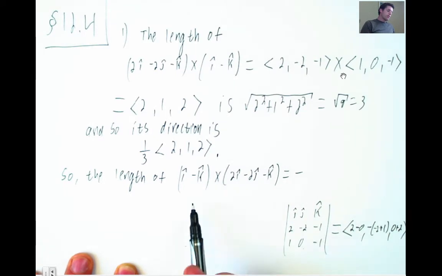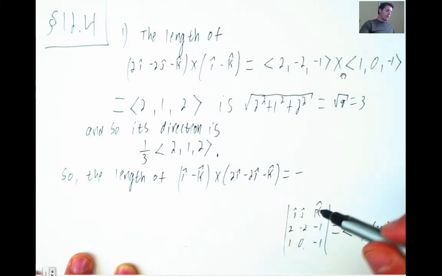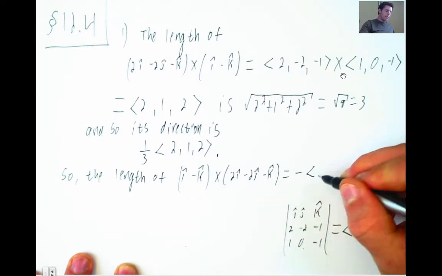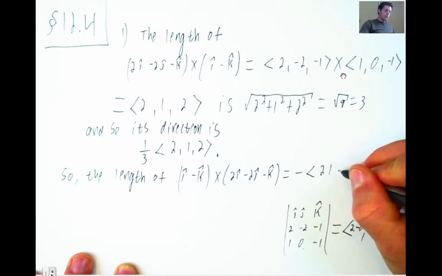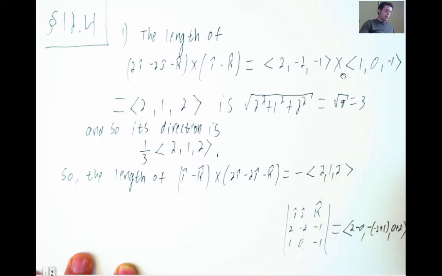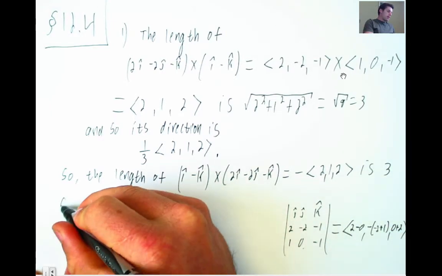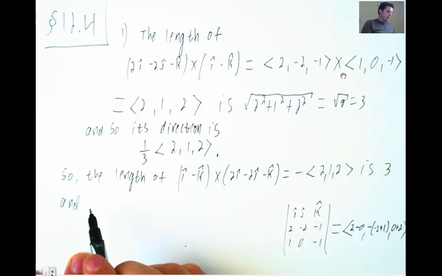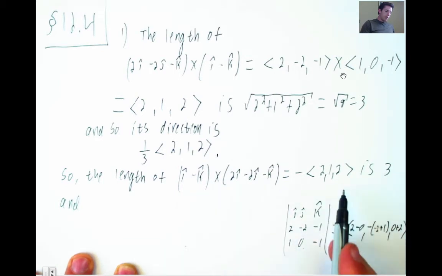So look, when you switch the order of the things you're taking the cross product of, you get a negative sign. So this will be negative 2, 1, 2, which is 3.